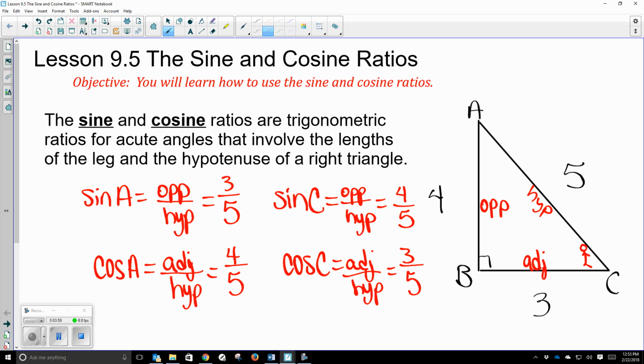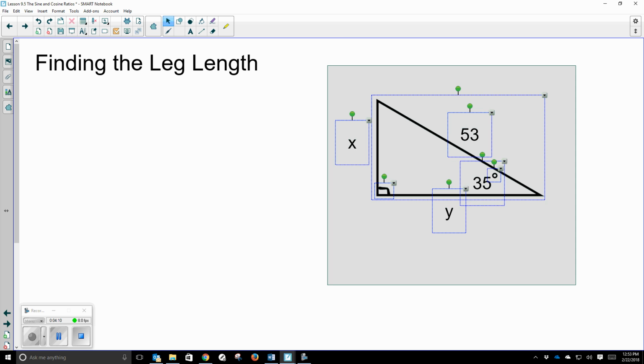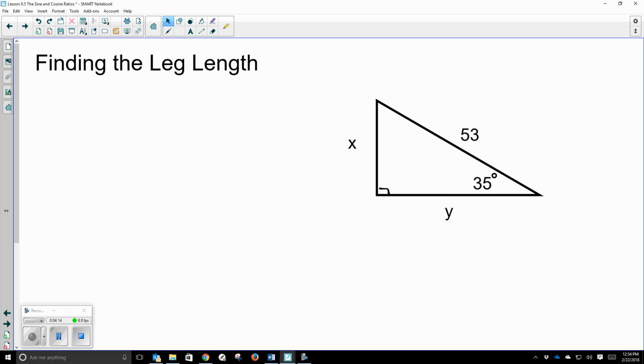All right. What's next here? Okay, so first we'll find x.